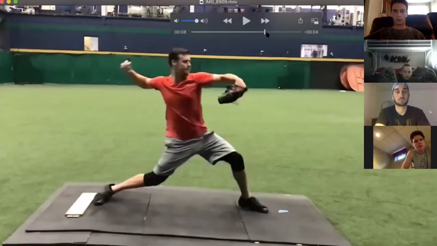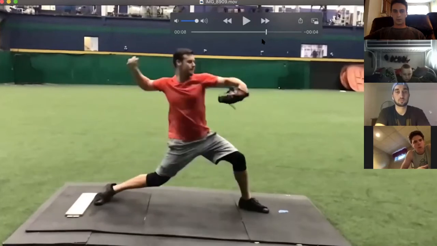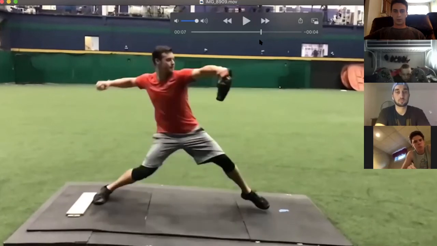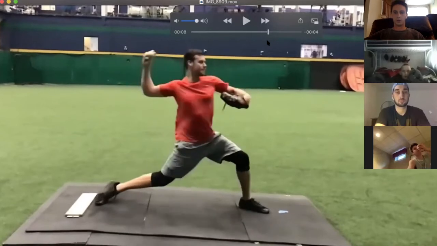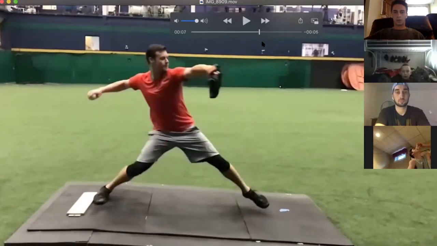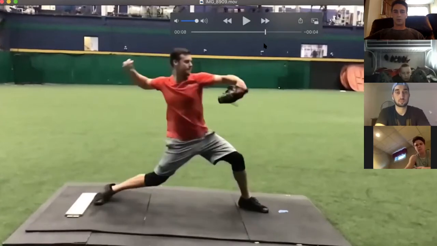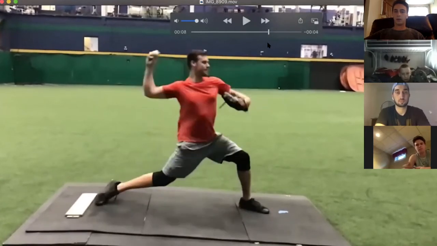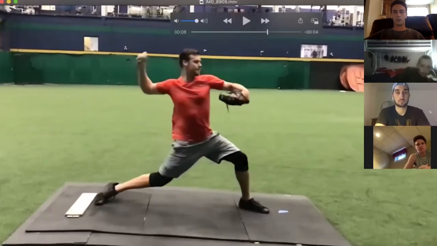So as we keep going, Topa has a pretty interesting front leg in the sense that he lands on his toe first, which normally, I guess prior to seeing him throw really, really hard, I would have said that's something you're not going to go for, because it's oftentimes more difficult to brace with that front leg if you land on your toe. Now, Topa throws really, really hard.